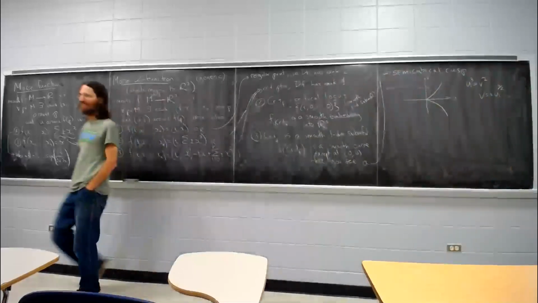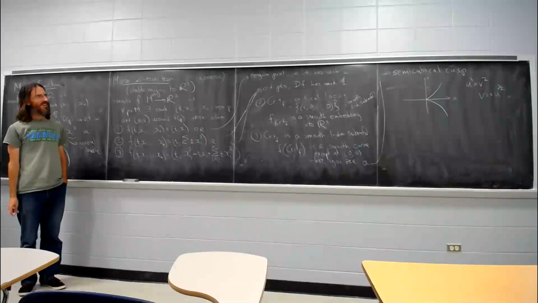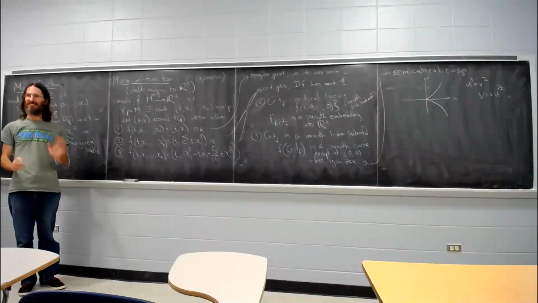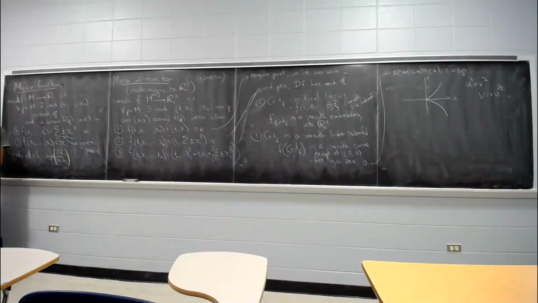Semi-cubical cusps are really strange, are somehow generic in another sense that I don't know how to put my finger on, but if you have a cusp appearing in nature, it's a semi-cubical cusp. They're the stable cusps in some sense. You see them when you see light reflected inside your coffee cup onto the surface of the coffee.